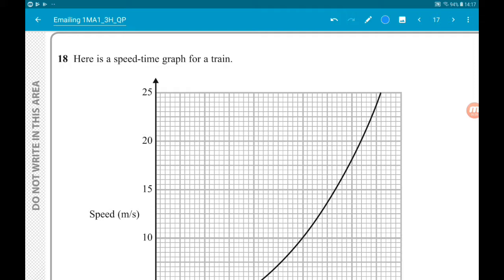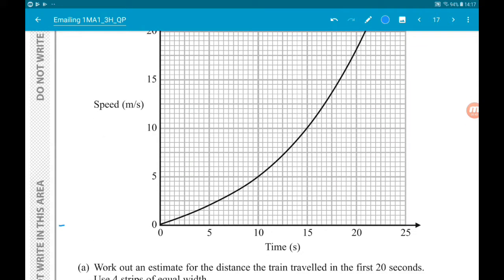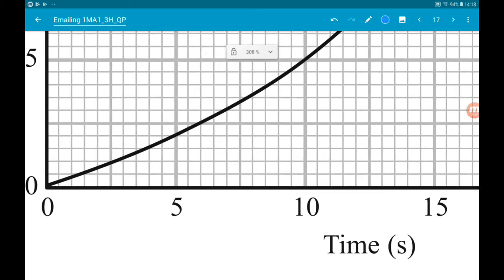Okay, so distance travelled on a speed time graph is represented by the area under the graph. So when it says use 4 strips of equal width, we want to split 20 into 4, so 20 divided by 4 is 5, so each strip is going to be 5 wide.